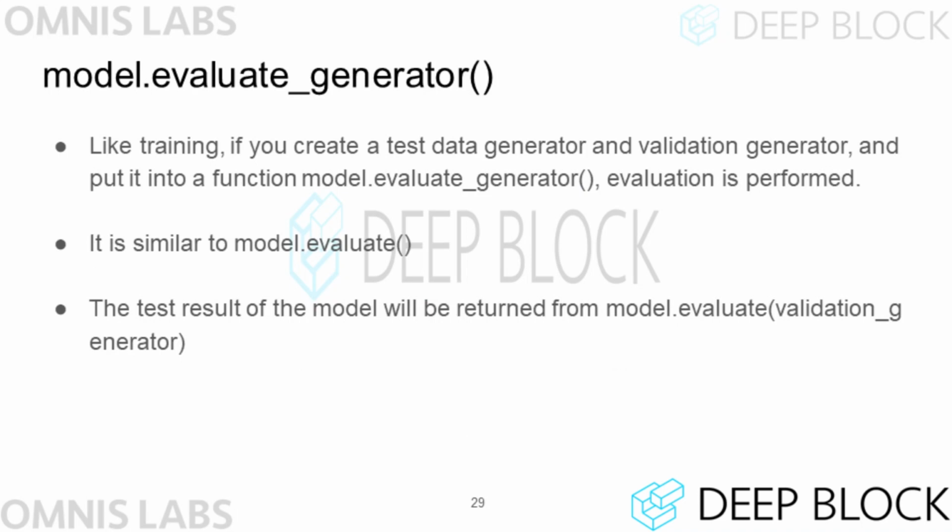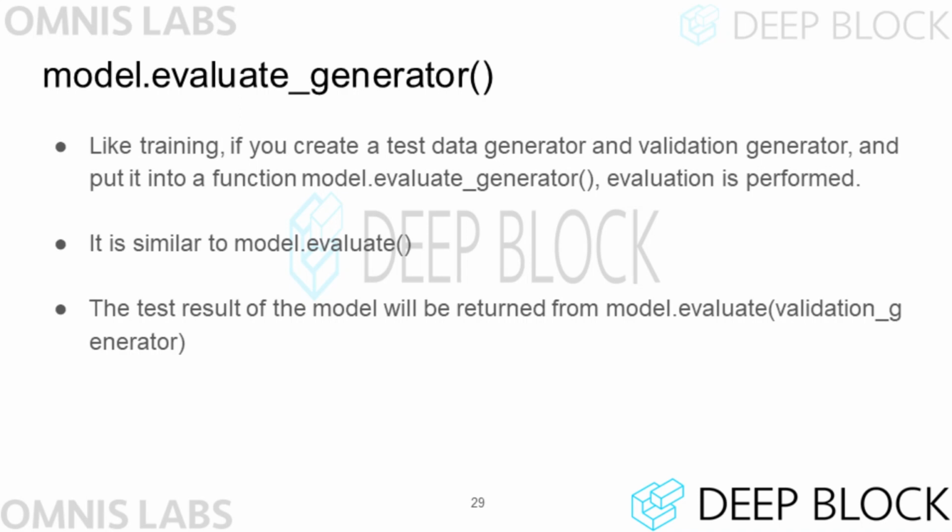You can also use the generator when you want to get test data from a folder to evaluate model performance. The evaluateGenerator method shown in the 17th line also receives a generator as an argument, evaluates the model's performance, and returns the performance metrics as a list. In this code, we simply use the entire training data again to evaluate the performance of the model.